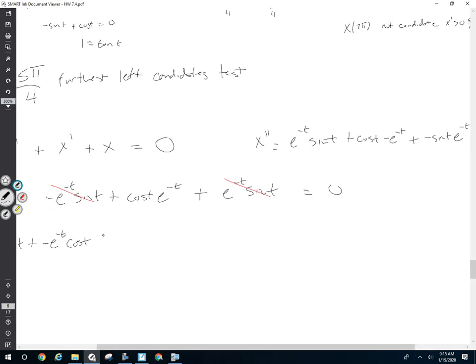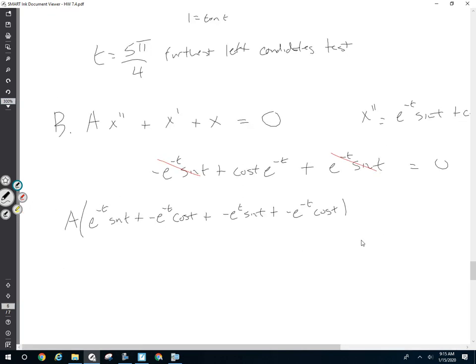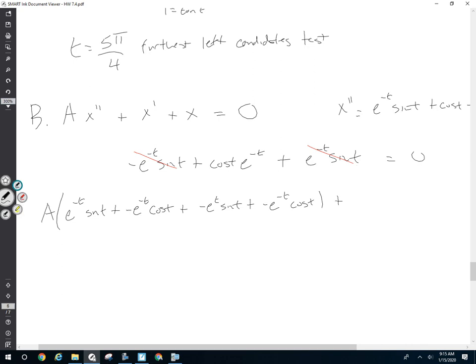Plus negative sine t e to the t, so negative e to the t sine t, plus negative e to the negative t cos t. Some a times that plus cos t e to the negative t should equal 0.